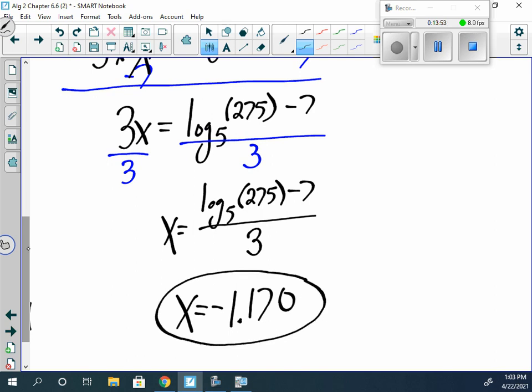I believe you should get negative 1.170. Do you agree with that? And that's all we have to do for these.